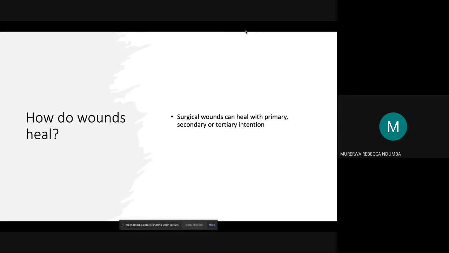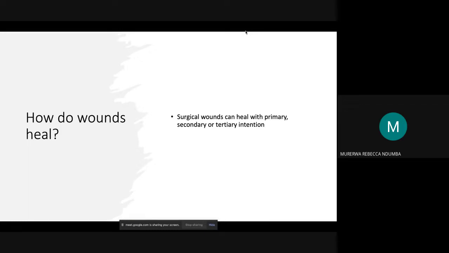Okay, I can try. So the healing by primary intention happens when the edges of the wound are opposed to each other. So it leaves a very minimal scar. Then by secondary intention, it happens when the wound is left open and the edges are far apart.